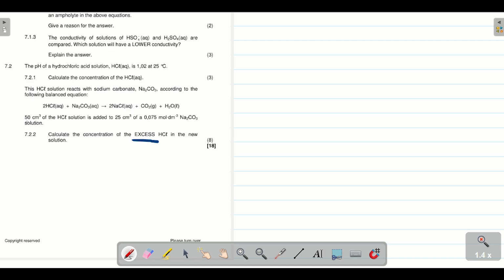So from this 50 cubic centimeters of hydrochloric acid that was added to the sodium carbonate, not all of it will be used. Some of it will be left behind, and that's called the excess. So what do they want us to calculate in 7.2.2? The excess hydrochloric acid concentration in excess.